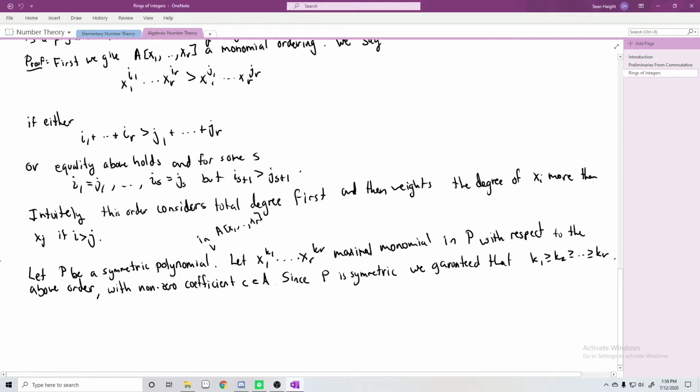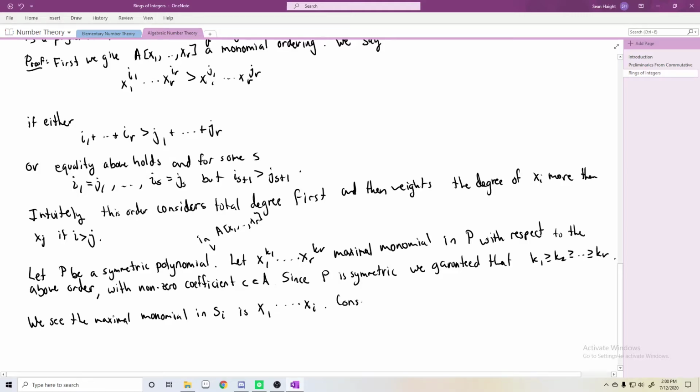Okay. So thinking about S sub i, the ith elementary symmetric polynomial, we see the maximal monomial in S sub i is x1 through xi. Okay.